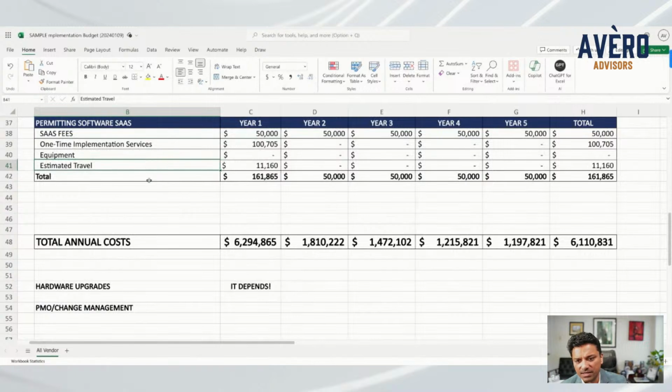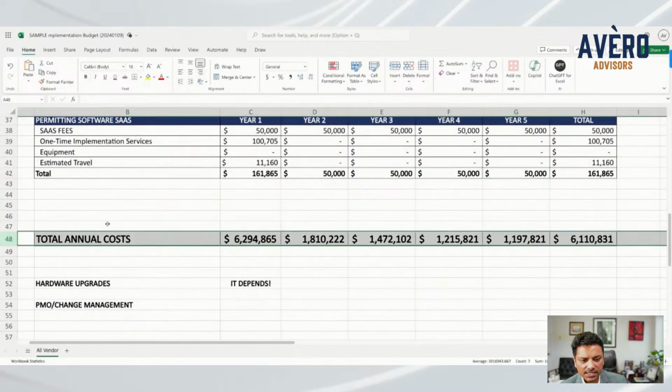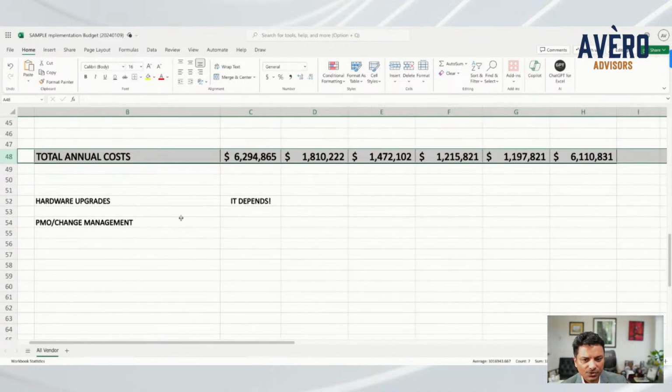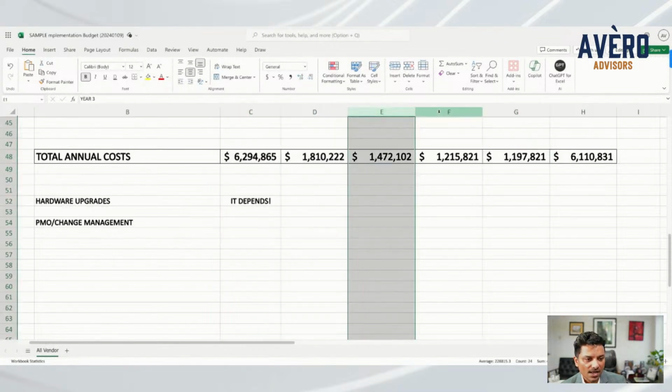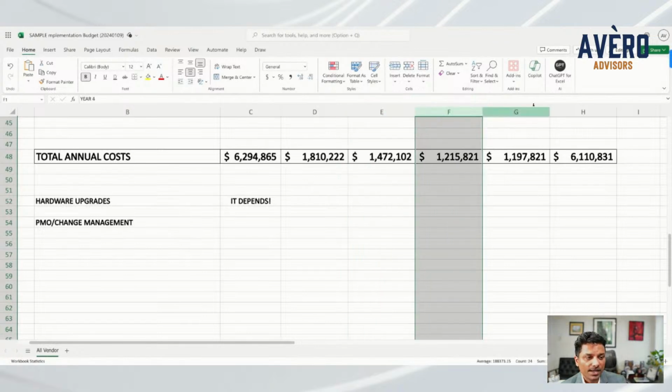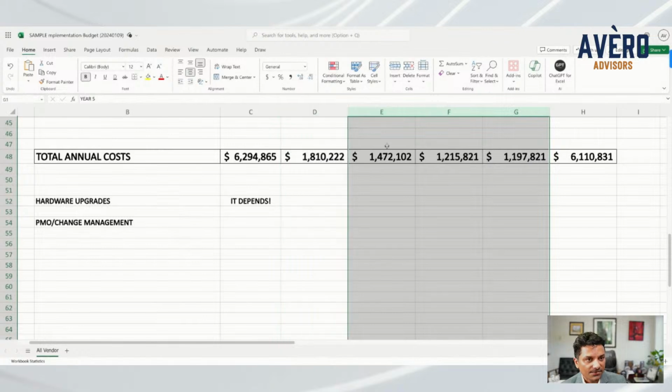Same thing with the permitting vendor. You might have different numbers, but all of these end up being your total annual cost plus your implementation cost. So if you notice, year one will be a lot higher, and then as you're going live, your implementation costs are going down, but now you're in a steady state of paying SaaS fees and hosting fees and maintenance, enhanced management fees that make up the cost of ownership for that contractor.